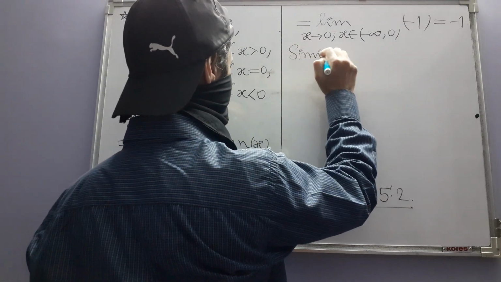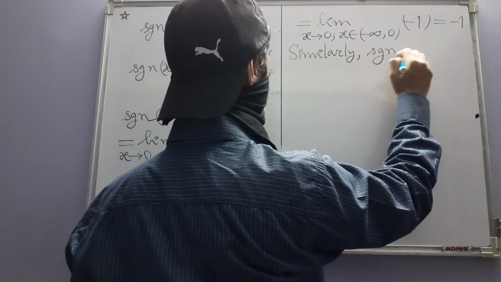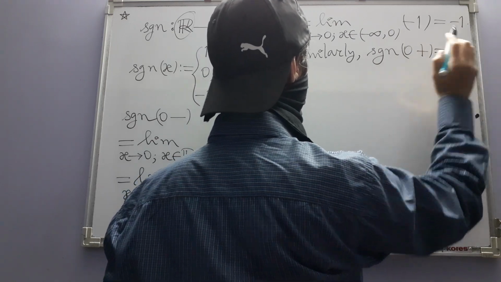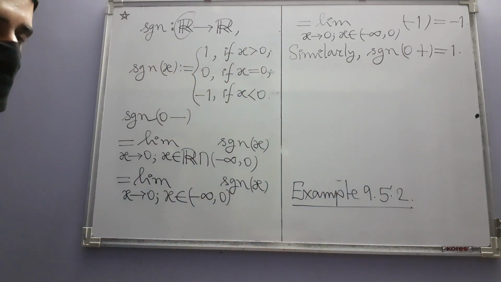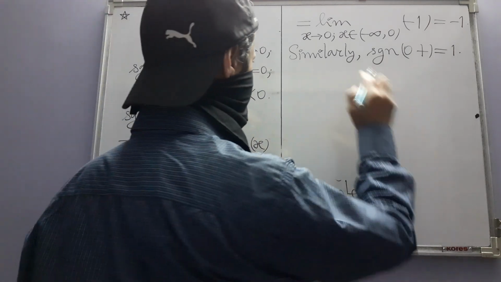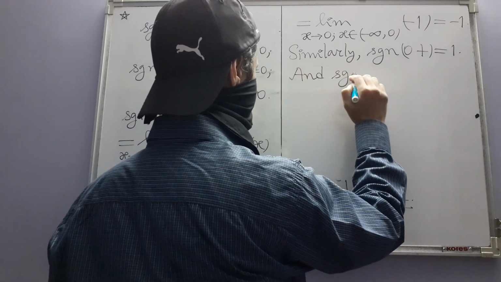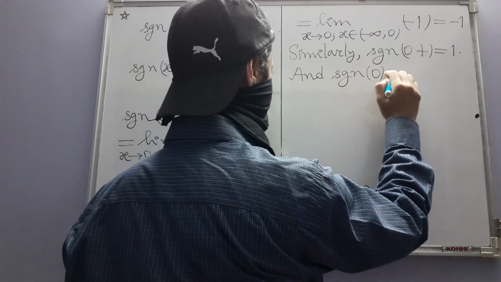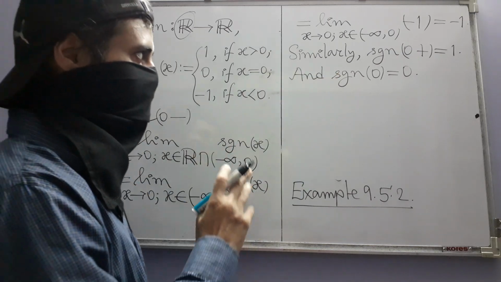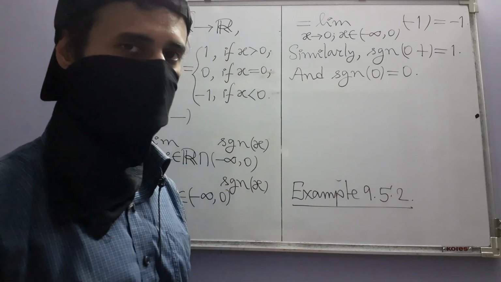Similarly, the right limit at 0, if one calculates it, one would get plus 1. You can pretty much see why, because of this part of the definition. And the value of the function at 0 of course is 0. So we see that these three values exist, but they are all distinct. They are different from one another.